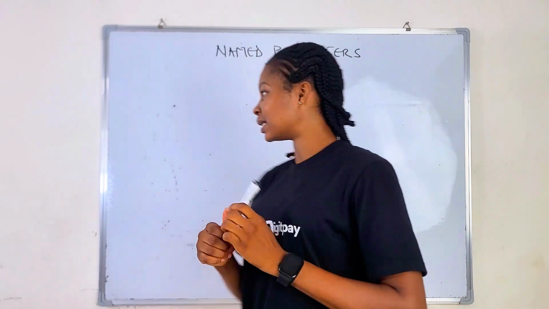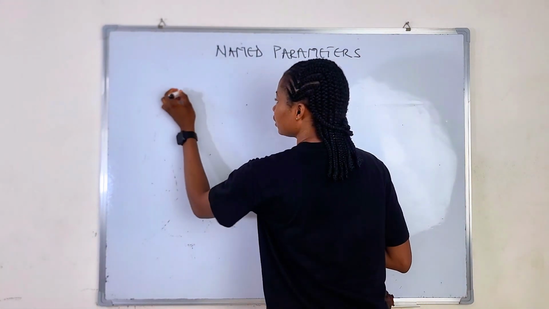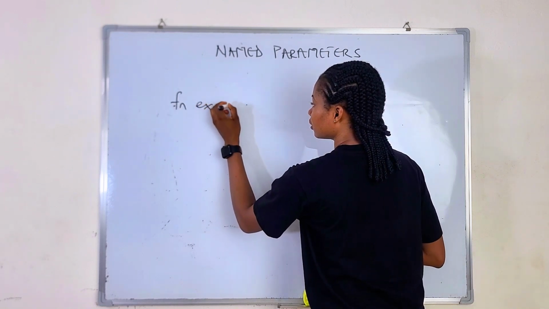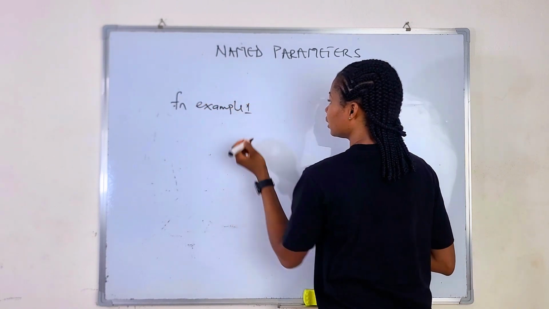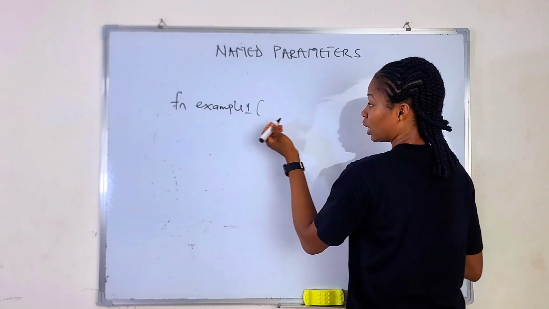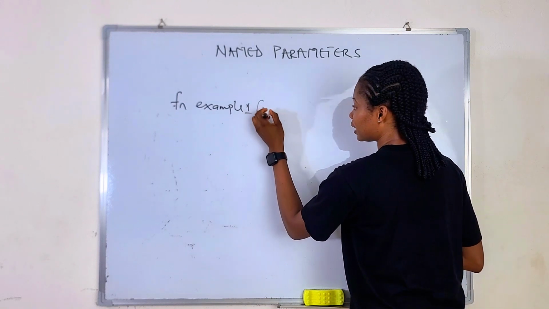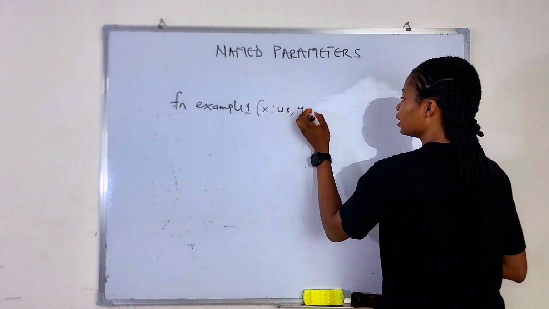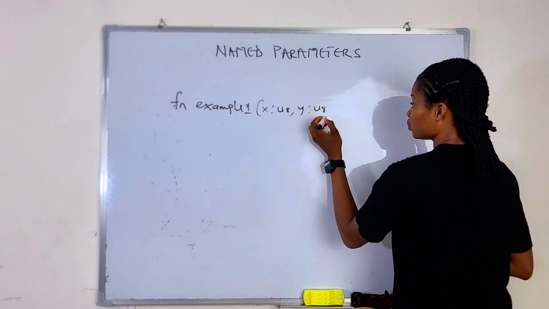So let's take, for instance, I have a function. I'm going to call it example1, and then it takes two parameters, which let's say x is of type u8 and y is of type u8, right?